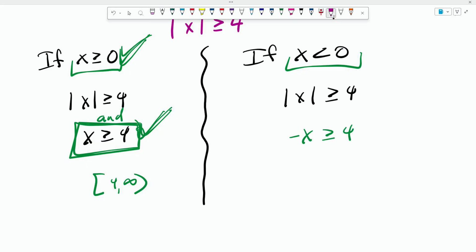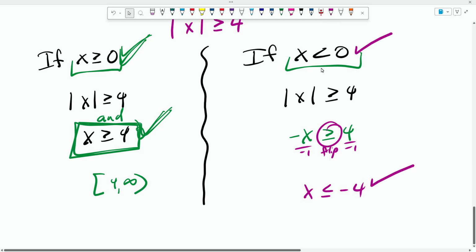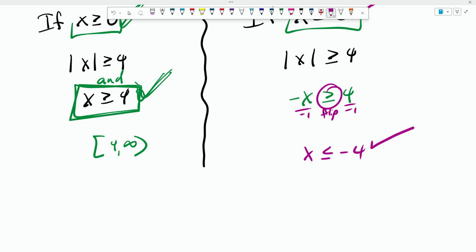And then we divide by -1, divide by -1, and flip. Here's the -4. So what numbers are both less than 0 and less than or equal to -4? All the ones that fulfill that. So that would be negative infinity to -4.